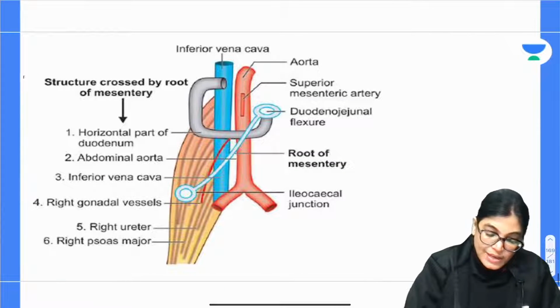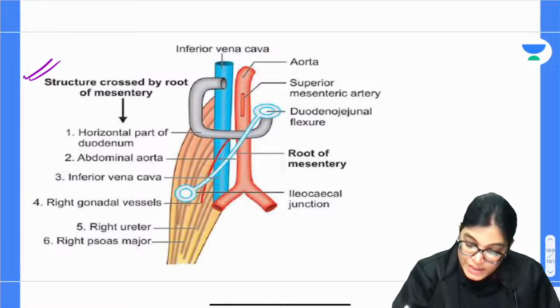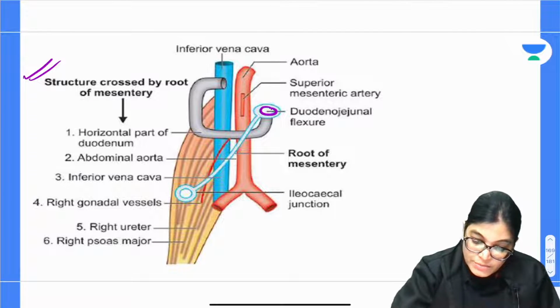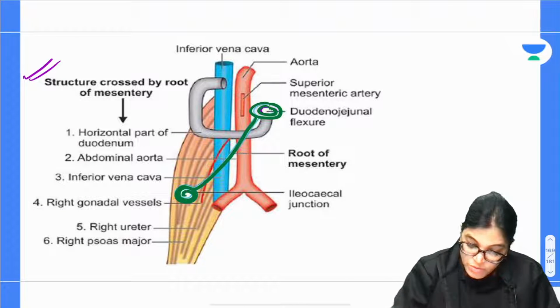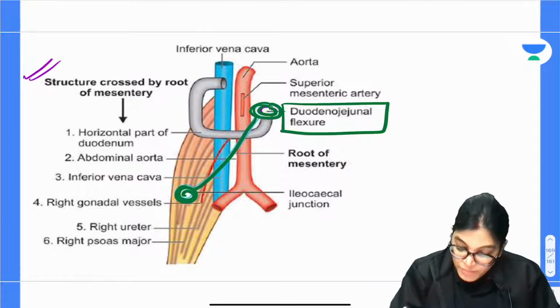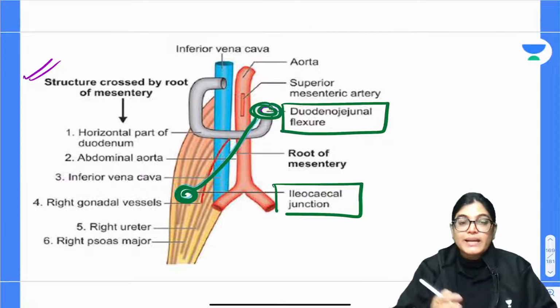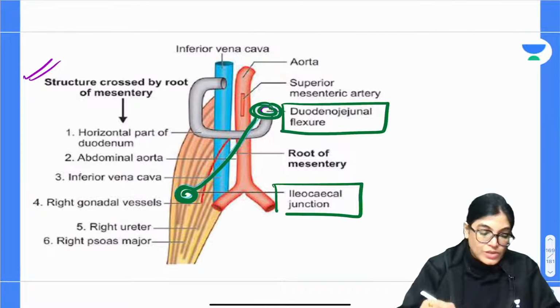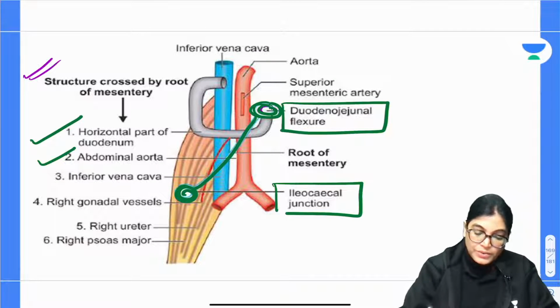See here, structures crossed by the root of mesentery. Here you can see the attachment. Let me use green color for the mesentery attached border. This attached border extends from the duodenojejunal junction and goes till the level of the ileocolic junction. That means it is crossing from the left-hand side to the right-hand side. The structures being crossed are the horizontal part of duodenum, abdominal aorta, and inferior vena cava.